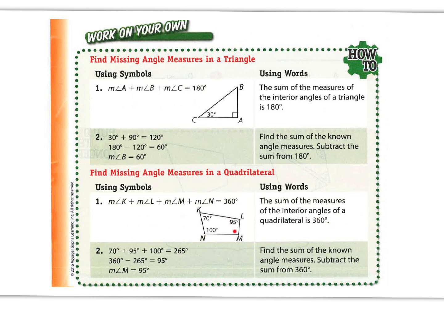So all four of those angles are 360 degrees. So to find the sum of the known measured angles, we know 3 of them. Add them up to get 265 and then subtract the sum from 360. So 360 minus 265 equals 95 degrees. So angle M, that missing one, equals 95 degrees.